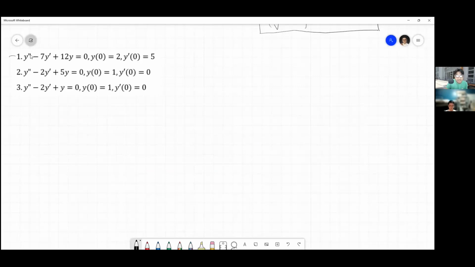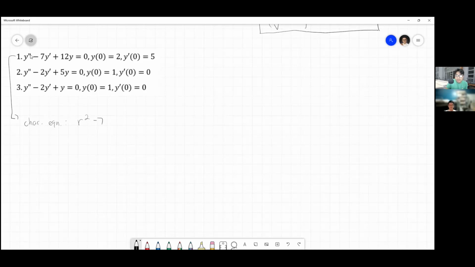So, yung characteristic equation natin dyan is, okay, this one is naka-double prime. So, yung exponent ay 2. So, r squared.